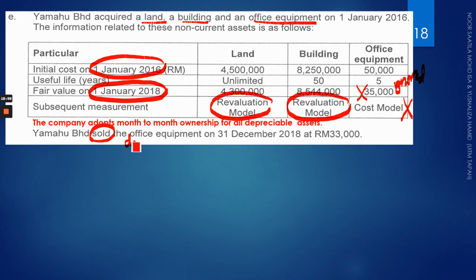They sold means this is a derecognition. And that was sold 31st of December, which is at the end of year. And this 33,000 is actually the disposal proceeds that you have to go and debit to the bank.